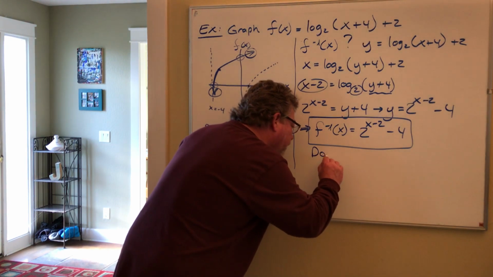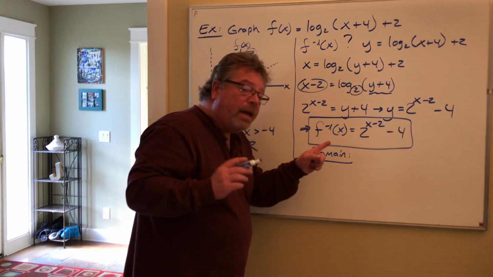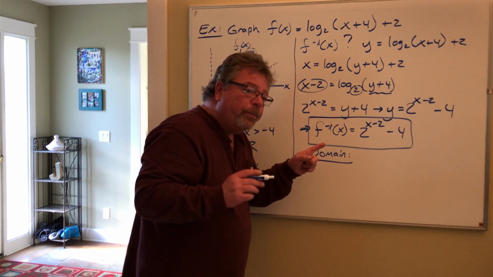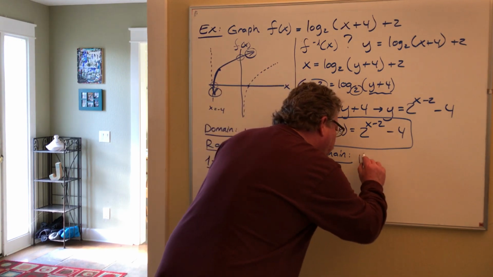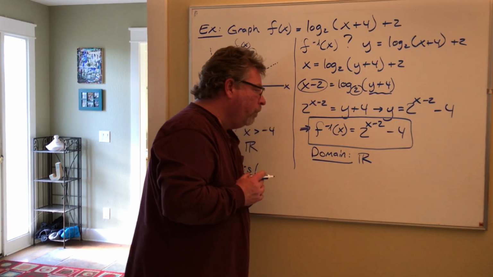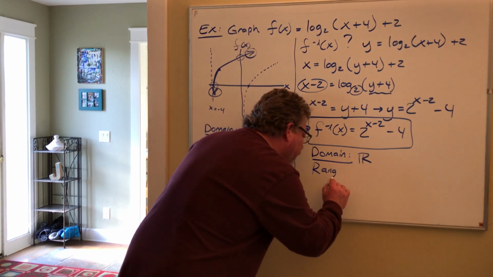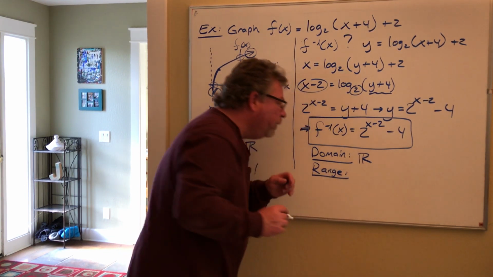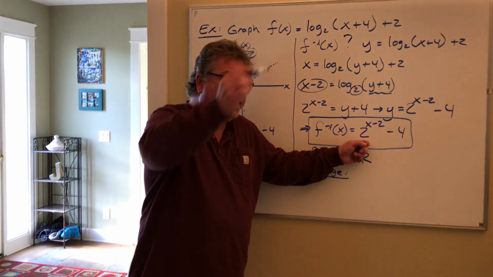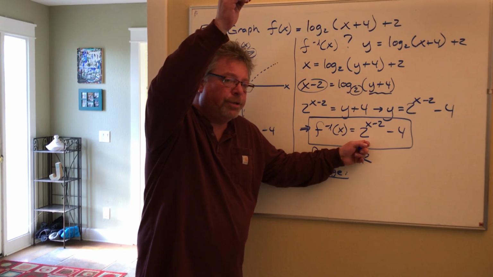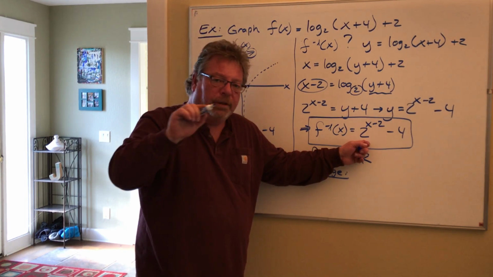So for this function f inverse, what's the domain? It's an exponential function, so the domain is all reals. And what about the range? Remember, for an exponential function, and this is base 2, it's an increasing exponential function, the range is determined by the horizontal asymptote.